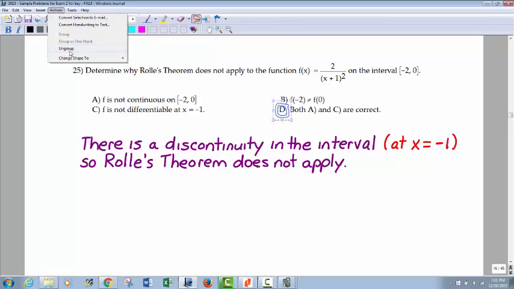Look a little better here. All right, it should be D. But I also should have said not differentiable there.